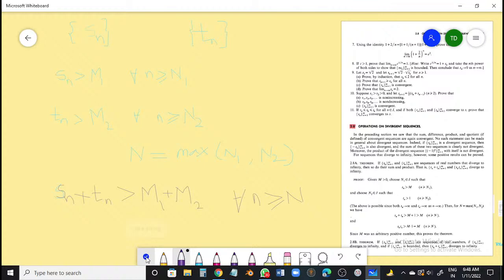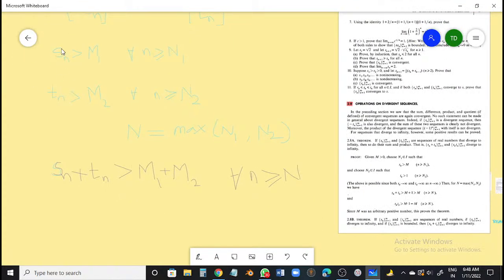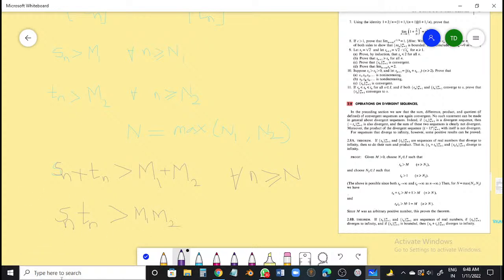Same kind of thing you'll observe if you take the product, because if you multiply the greater sides of inequalities, the result will always remain greater. So Sn into Tn will obviously be greater than M1 into M2, and this product sequence will also be divergent.